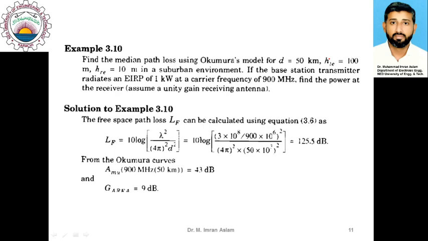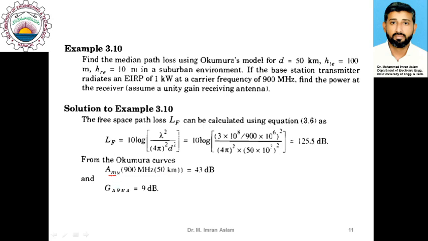But for this particular case, we do not have free space propagation, so we need to calculate the other factors as well. The second part is to calculate the median attenuation from Okumura's model, this AMU. As I discussed, this median attenuation is dependent on distance as well as frequency.